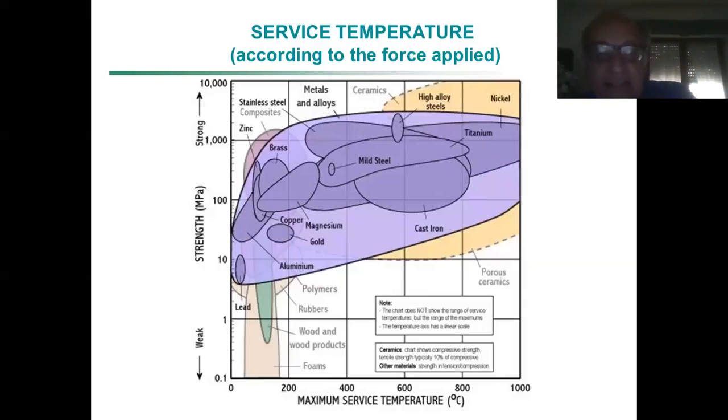Please consider that the studies from Ashby were taken from literature. He was extracting a number of pieces of information from a number of studies, and these are the maximum service temperature from a definite study.